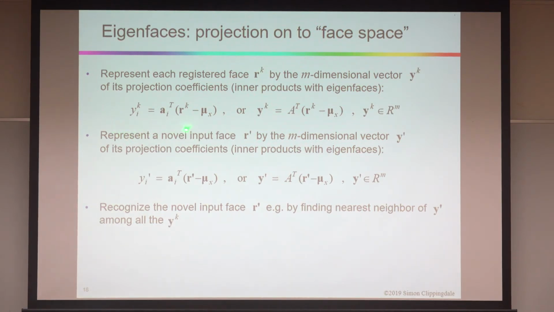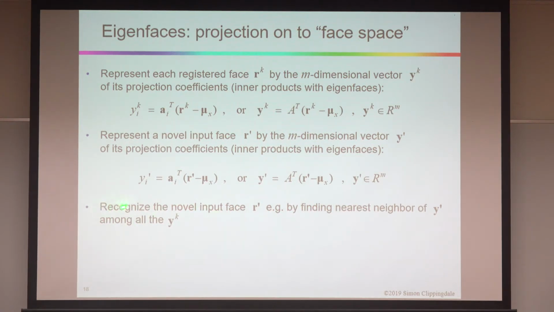Okay, so we're going to represent a novel input face R dash then by another m-dimensional vector y dash, which again is the inner product of this input with each of the eigenfaces, like so.